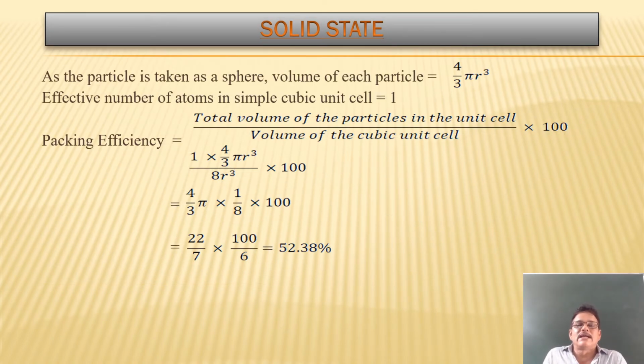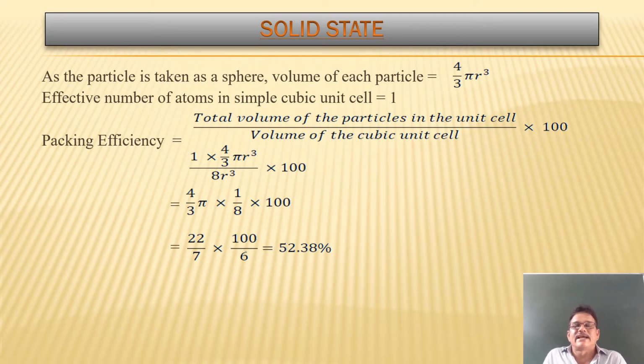Now we will calculate the packing efficiency. How to calculate packing efficiency? The formula of the packing efficiency is total volume of the particles in the unit cell divided by volume of the cubic unit cell, into 100. We calculated the volume of the simple cubic unit cell. Now we have to calculate the total volume of the particles in the unit cell.